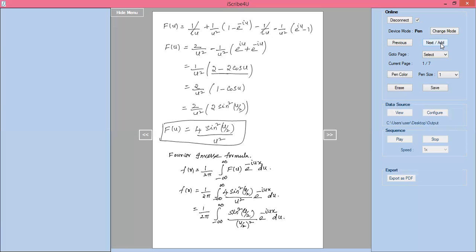Here, if I take u by 2 as t, I can convert it directly. But I don't want this e power minus iux. I want to prove sine square t divided by t square, so for that sake I have to eliminate this e power minus iux term. That's the way I'll choose.